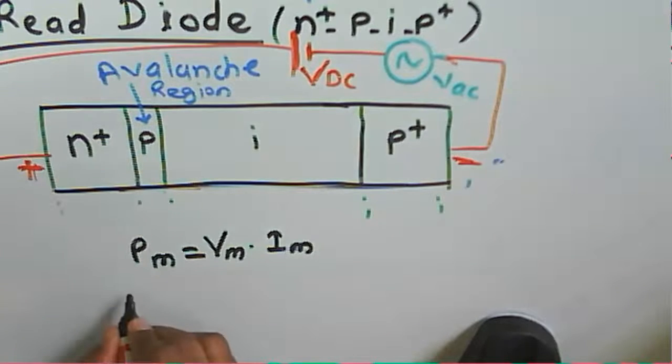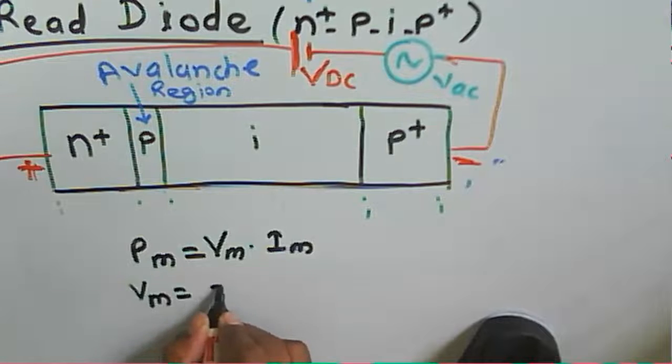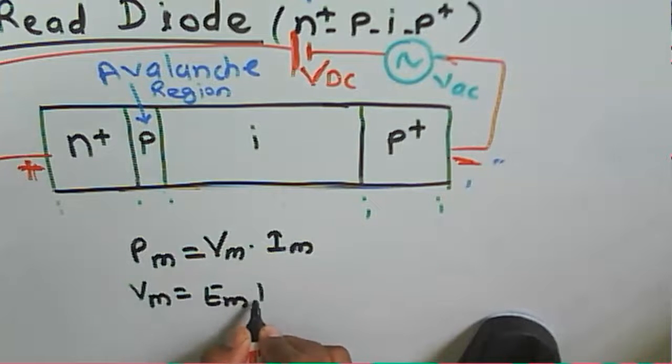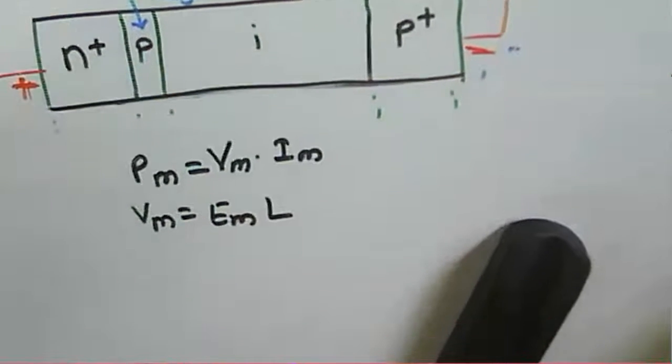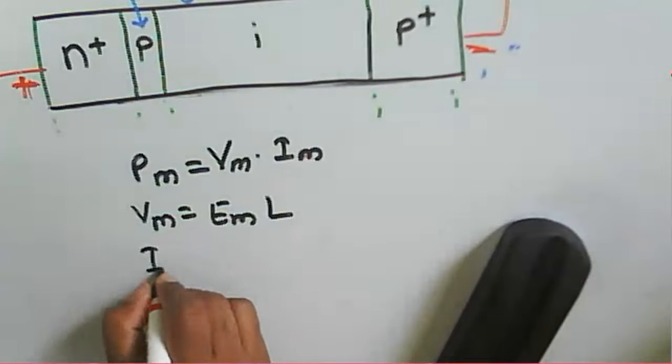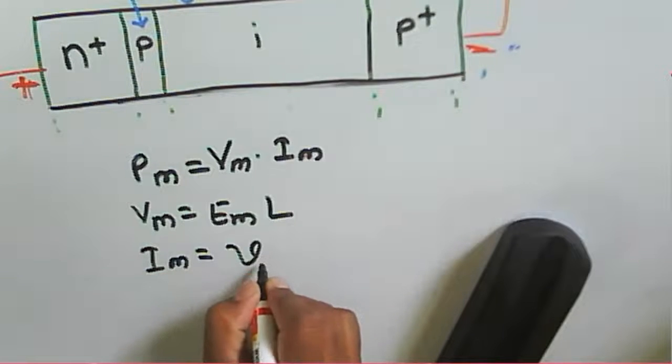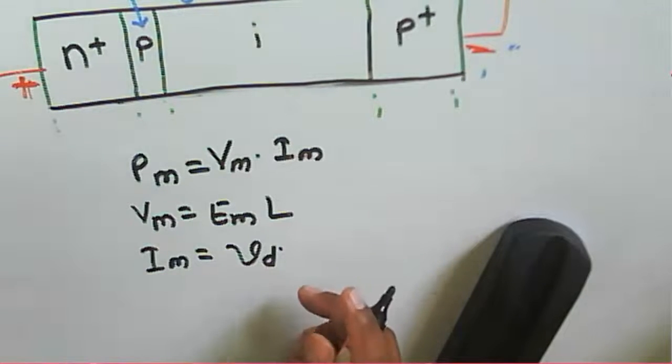So how can we find VM? VM is nothing but the maximum voltage we apply across a given length here, and the current here is nothing but the drift space region, drift velocity.